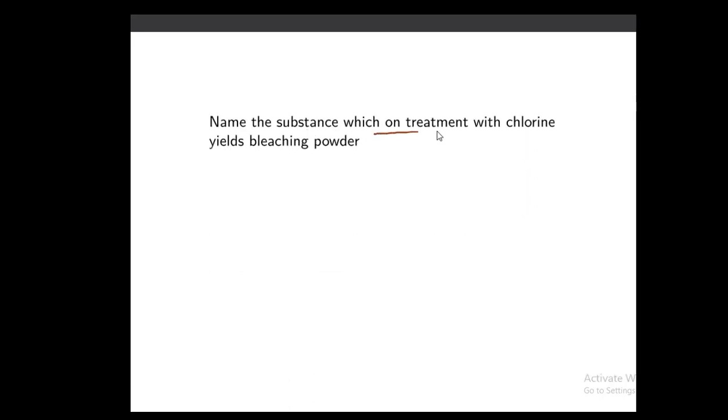Name the substance which on treatment with chlorine yields bleaching powder. So we have to name one substance, let us say X, which when treated with chlorine yields bleaching powder, that means CaOCl2.